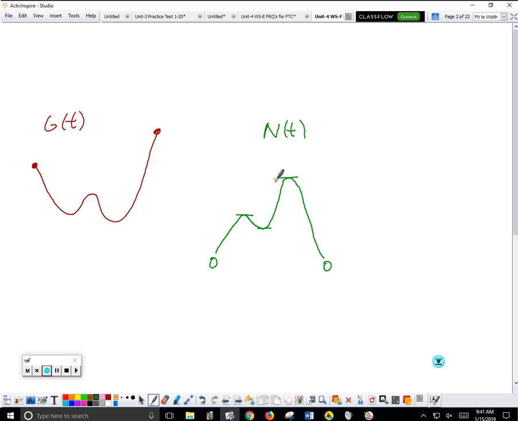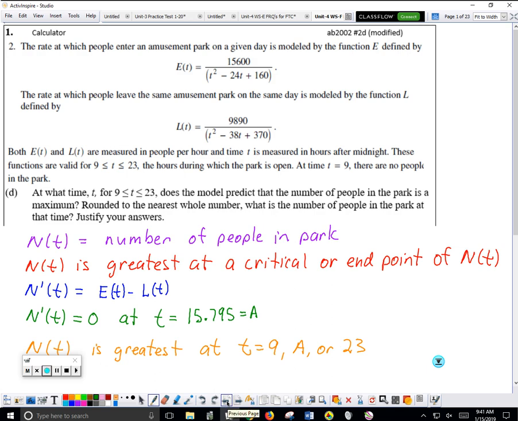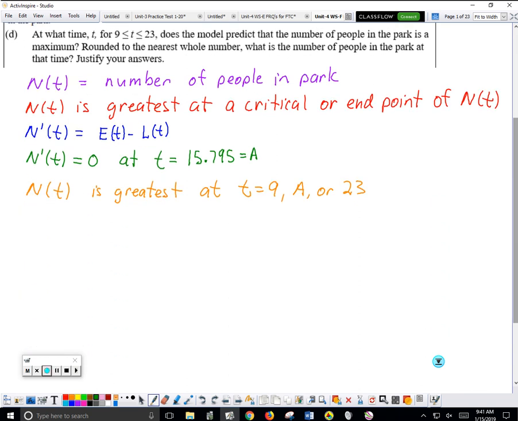Awesome. So back to our work. Okay, so N's greatest at one of those 3. So now we just write down what the number of people in the park is at each of those times. So we write the number in the park at time 0, no, sorry, not time 0, time 9 is 0.